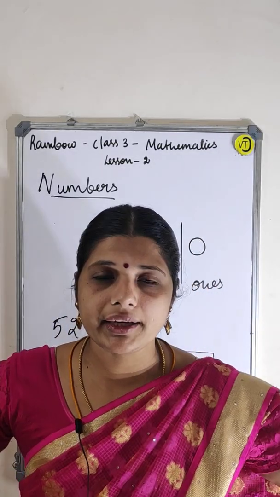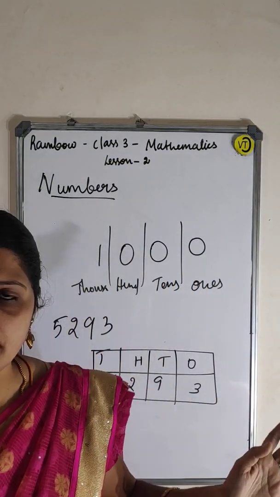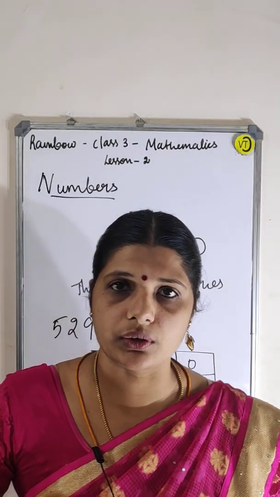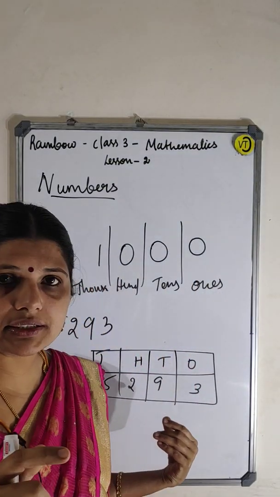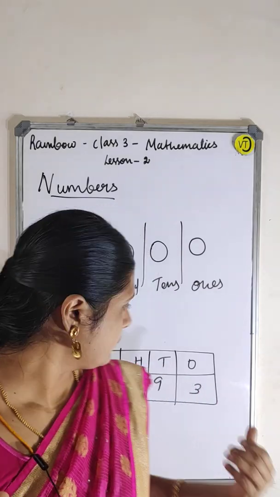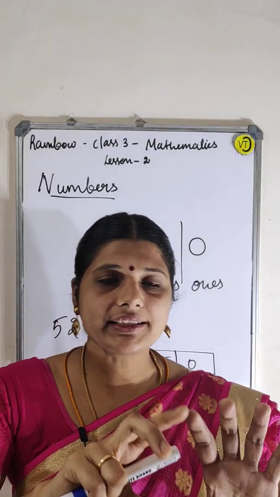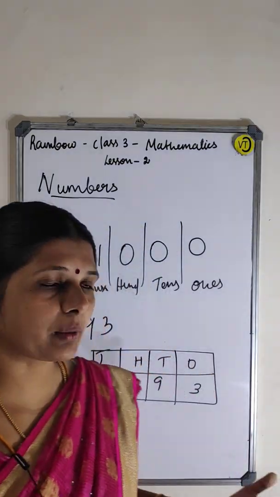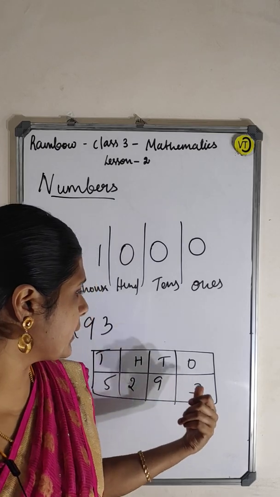How to write the expanded form? It is 5000 plus 200 plus 90 plus 3. That is one expanded form. Again I'll repeat: 5000 plus 200 plus 90 plus 3.